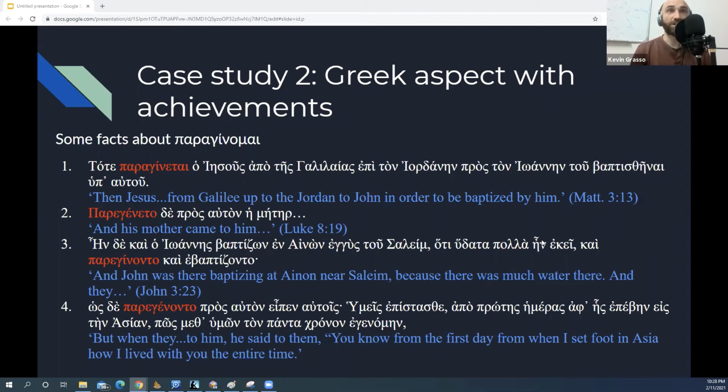So when Jesus goes from Galilee to the Jordan to John to be baptized by him, he has arrived, right? And that's very clear from the context in Matthew 3:13. He's there, and then he's baptized. The same thing with his mother in Luke 8:19. His mother comes to him. She has arrived, and then she asks a question, or whatever.